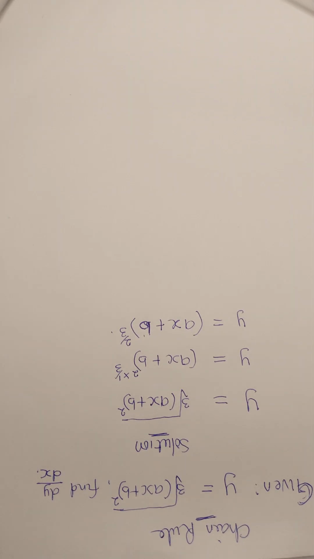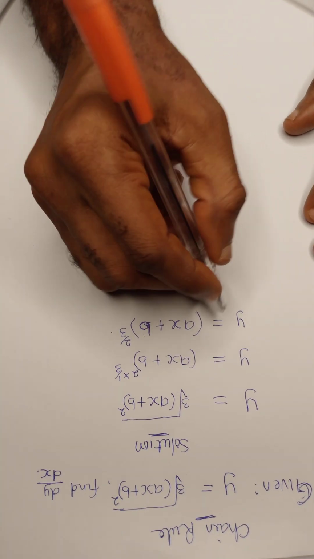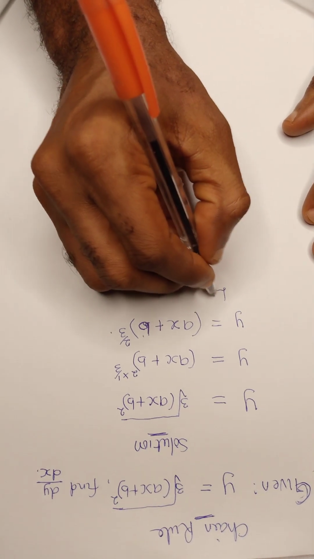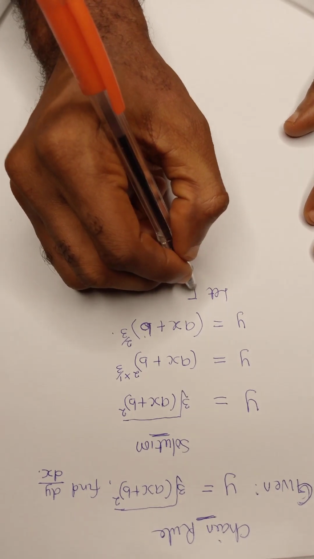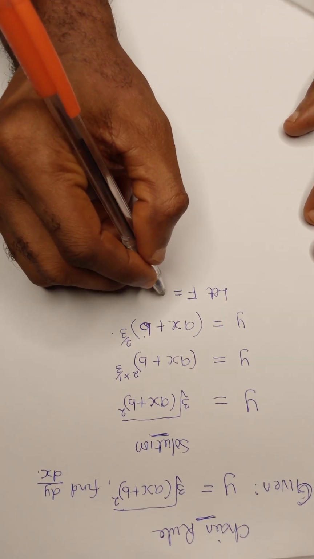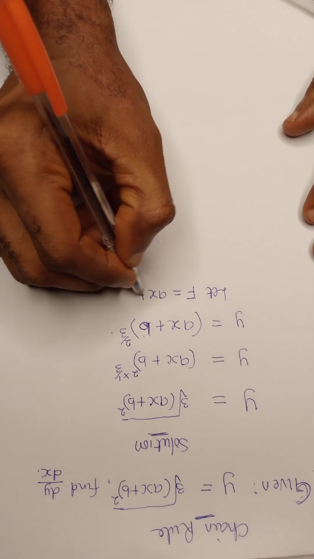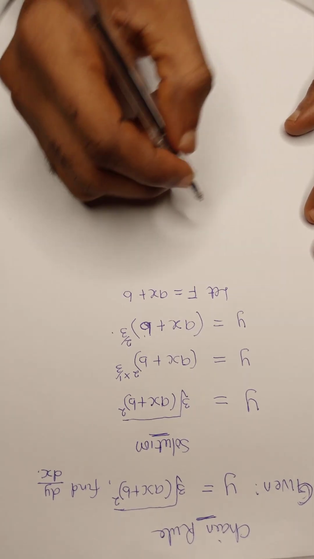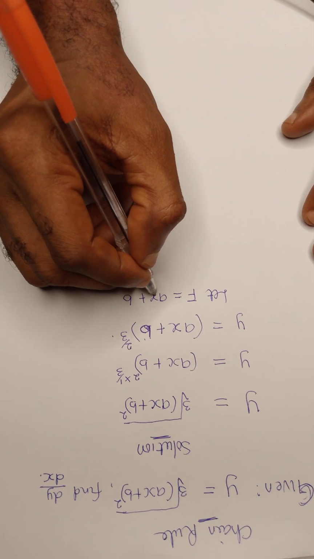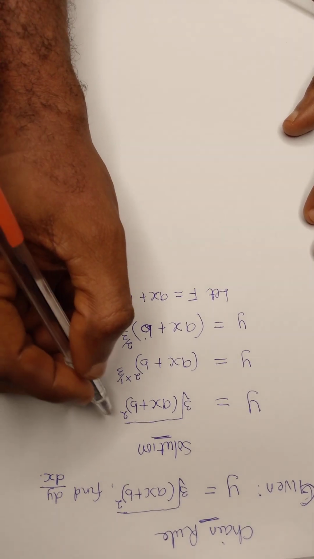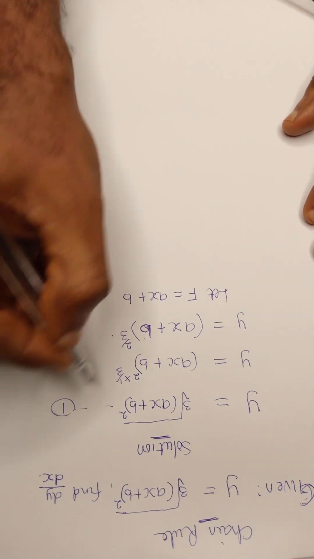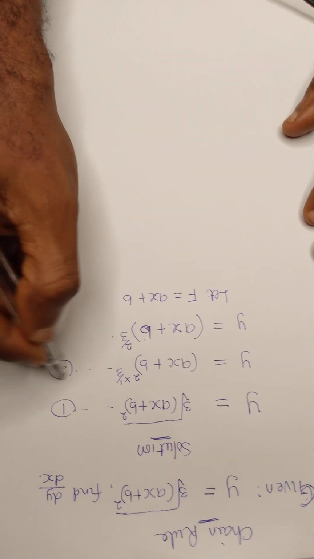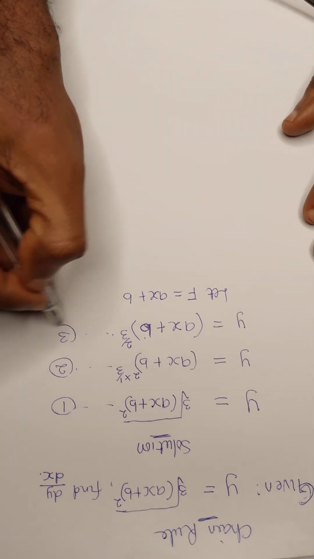And so, looking at this, we've established this is chain rule. So the first thing we do is we can say let f equal ax plus b. Let's call this equation 1, equation 2, equation 3.